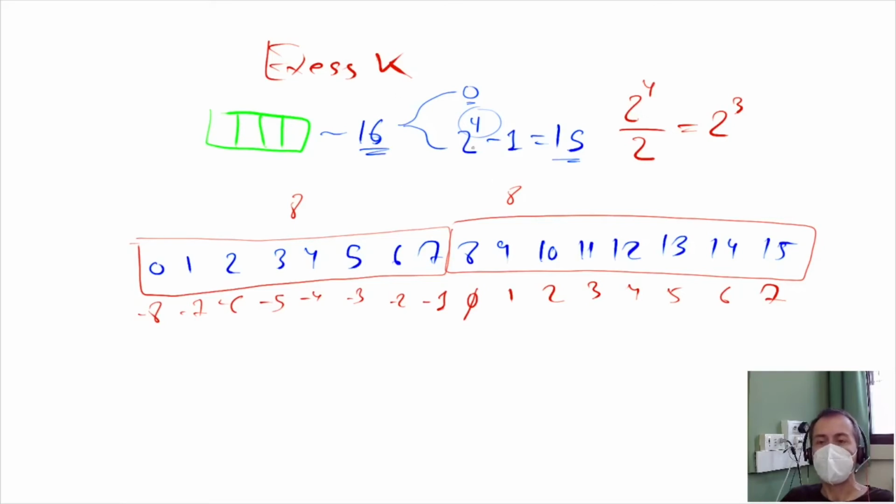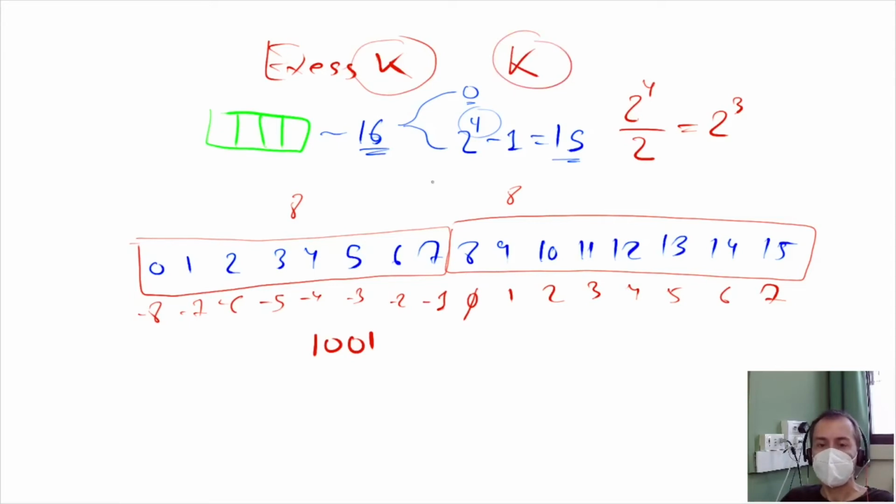So how do we know the number represented by a binary number? So imagine that we have, for example, 1001, this number. What's the equivalent in decimal? We have excess K. So for excess K, we need to know the K. The K is used for splitting the numbers.